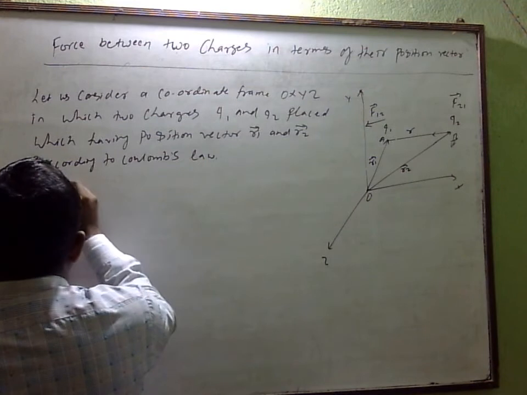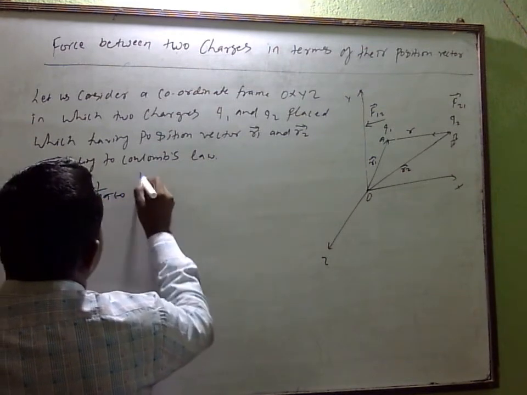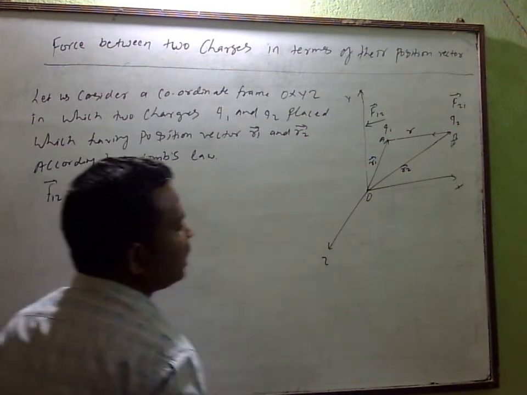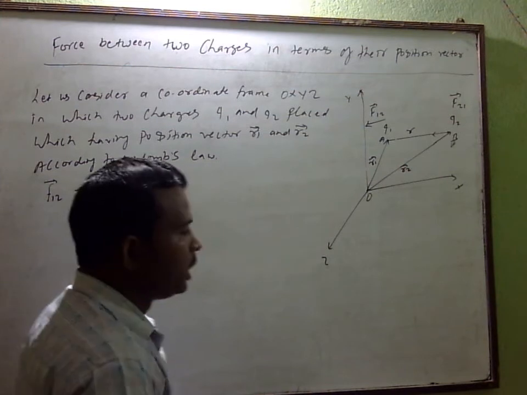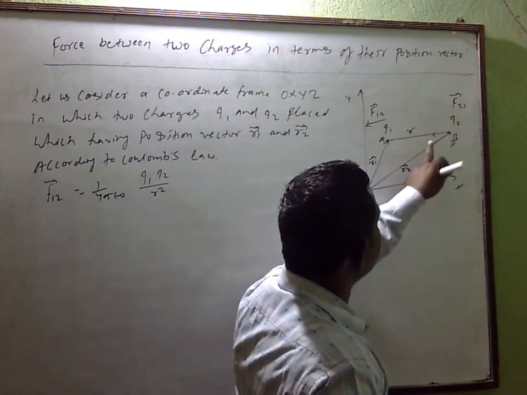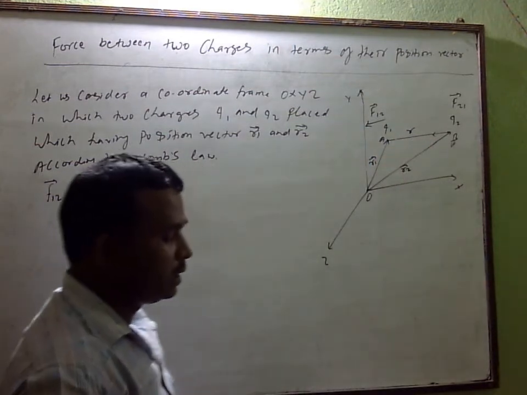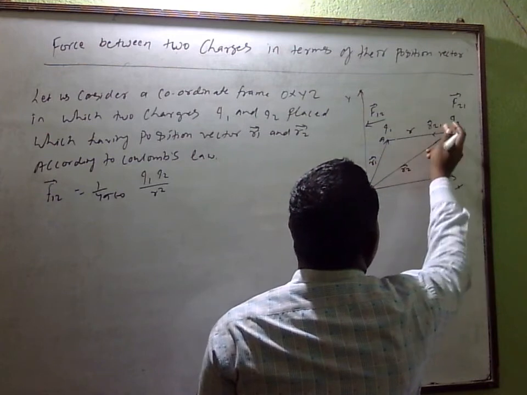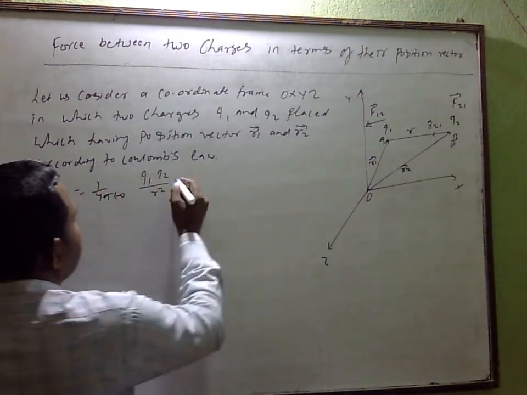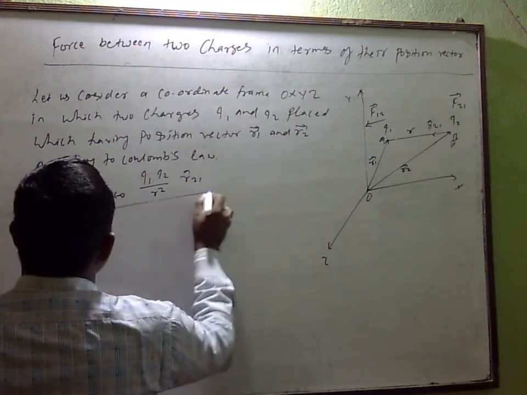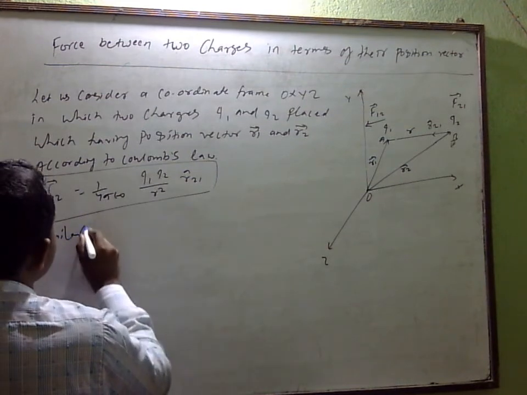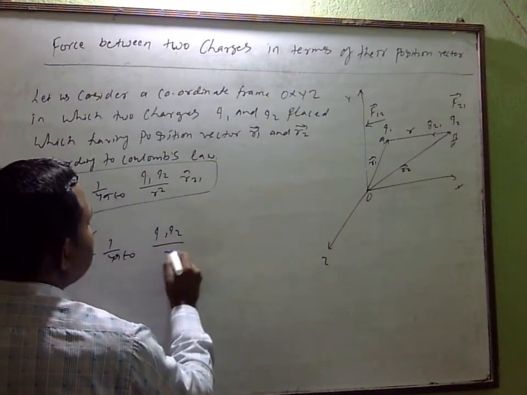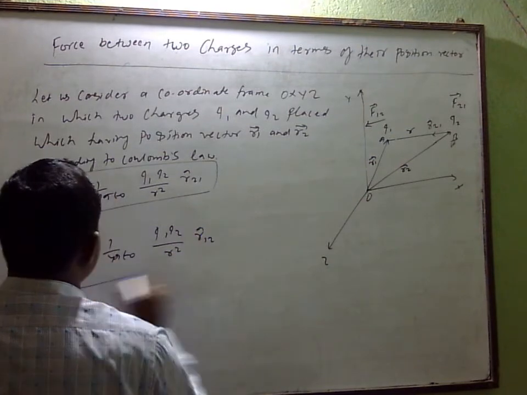Vector F12 equals 1 by 4 pi epsilon naught q1 q2 by r square. And in vector form we also give the unit vector. r is the distance, so here you can write r cap 21, and if you give the direction the other way, it will be r12. Similarly, you can write F21 equals 1 by 4 pi epsilon naught q1 q2 by r square times r cap 12. Very good, this we can write.